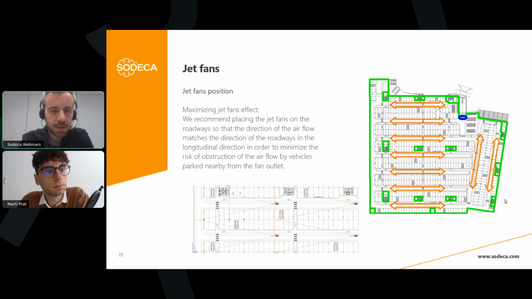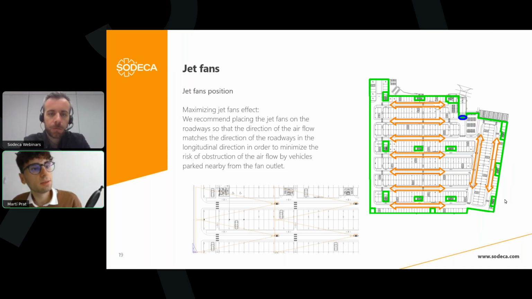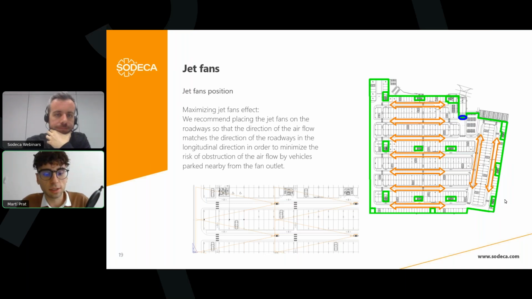Another question related with the jet fans calculation. For selecting the jet fans, do we calculate only the cone or do we consider the airflow as well? When doing car park ventilation, where we place the jet fans and draw the cones to cover all the area and do the jet fan layout properly, then yes, we consider the cone.